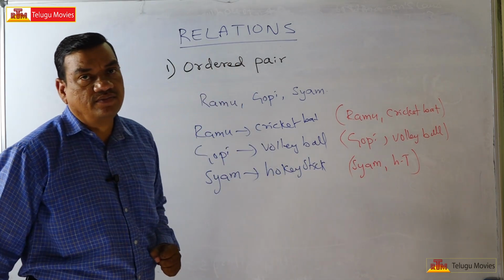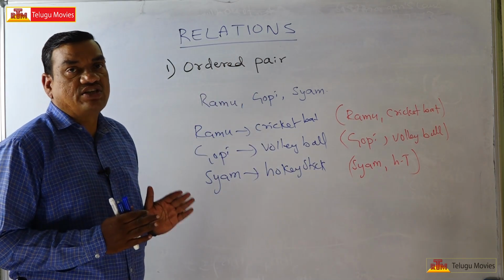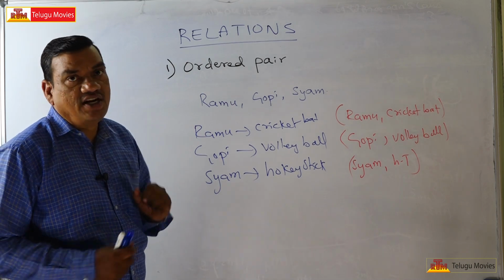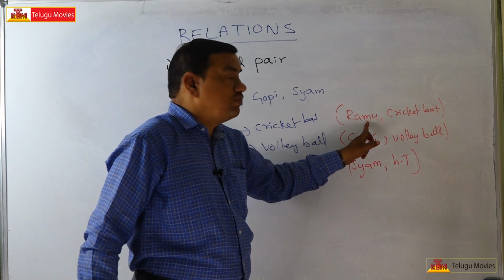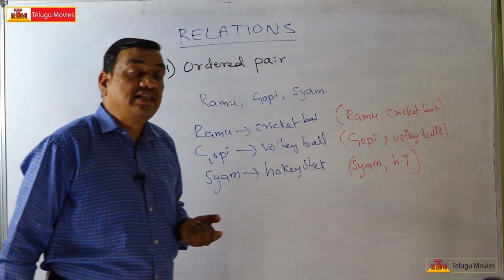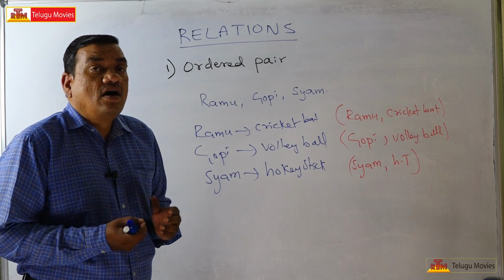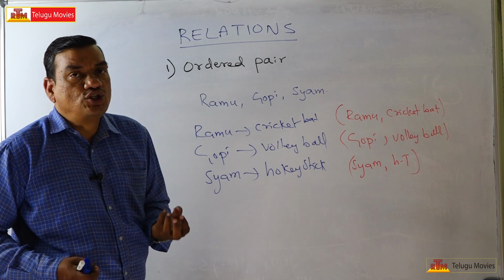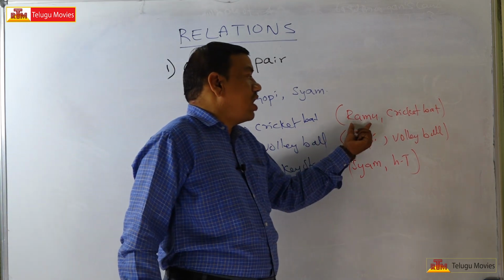What do you understand? This is a pair. Pair means 2. Is it in some order? Yes, it is in an order. Why? Here the first one is the name of the person, and the second one is an instrument to play some game. That is Ramu, cricket bat.